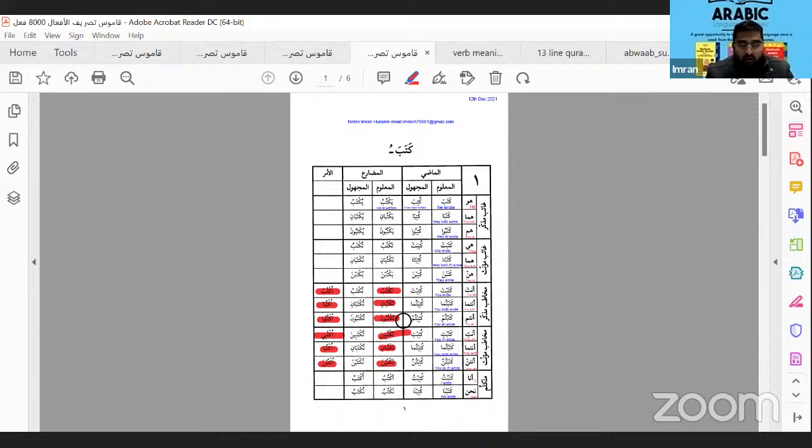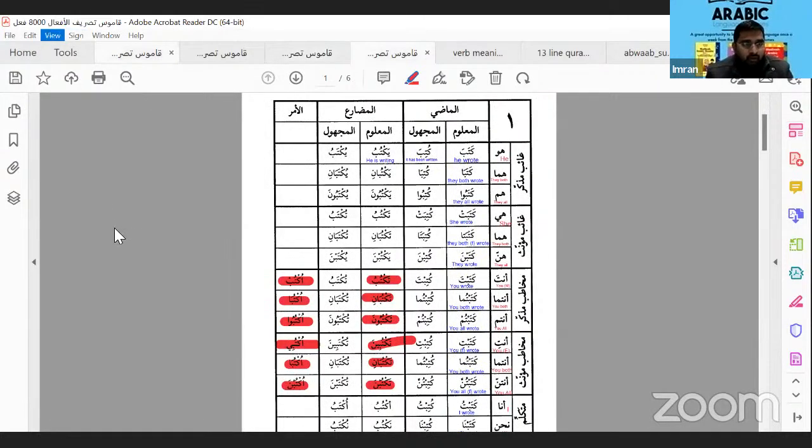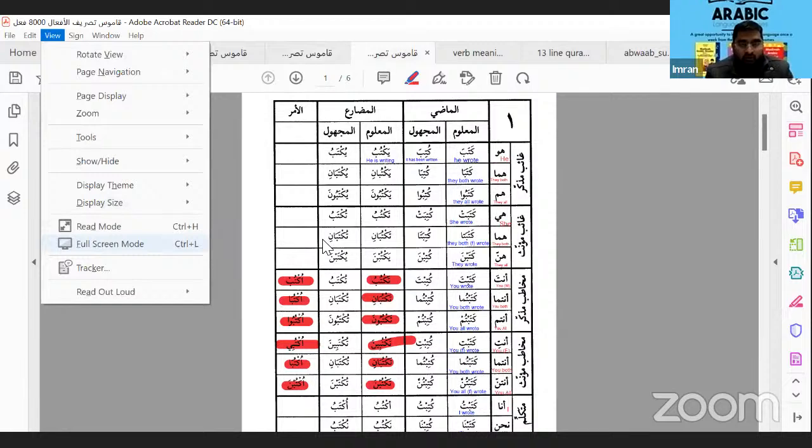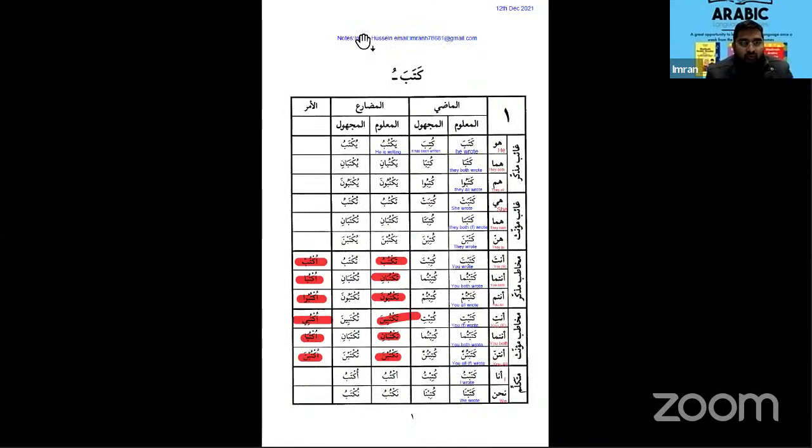These are the actual foundation for the Arabic language. If you understand these, then you can gradually understand about 50% of it. So I would like to start off with the basics and then work our way through.